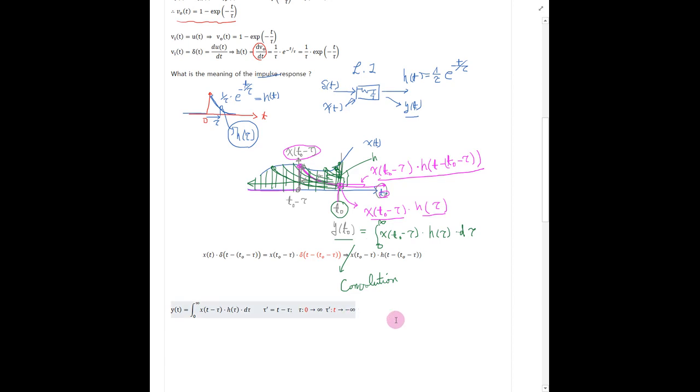The other relation is d tau prime equals minus d tau.